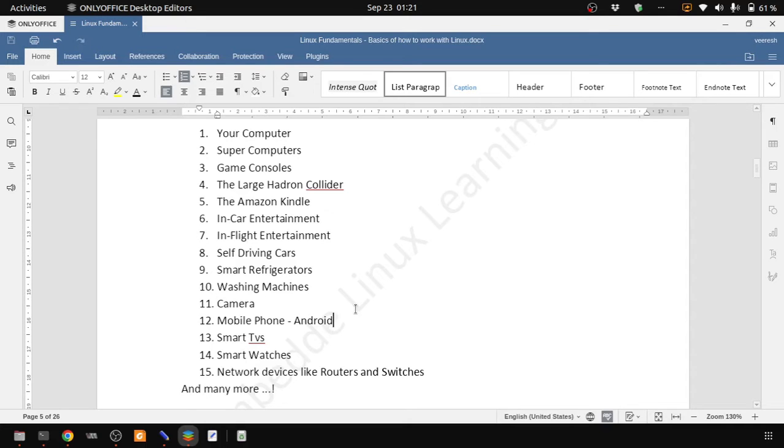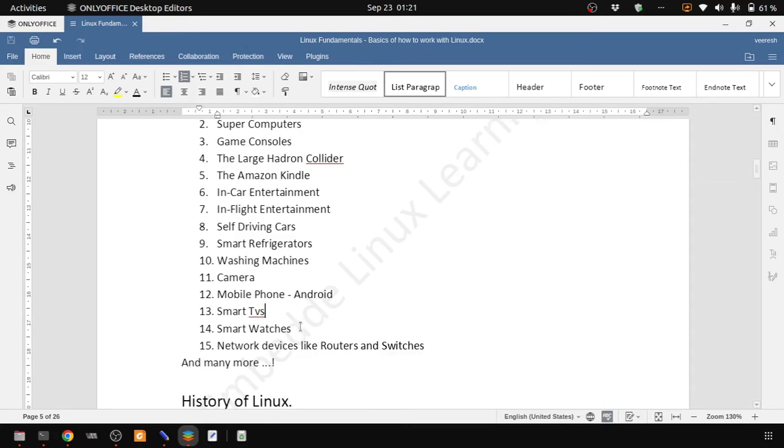Android is basically powered by, I would not say a distribution of Linux, but it uses the Linux kernel, which is developed by Google. And smart TVs, you get a lot of Android TVs and things like that. And smart watches, yes, there are plenty of smartwatches available that run Linux.